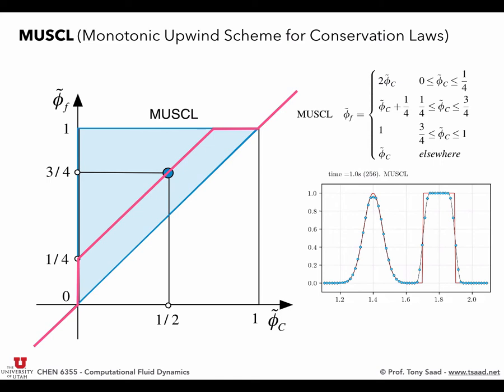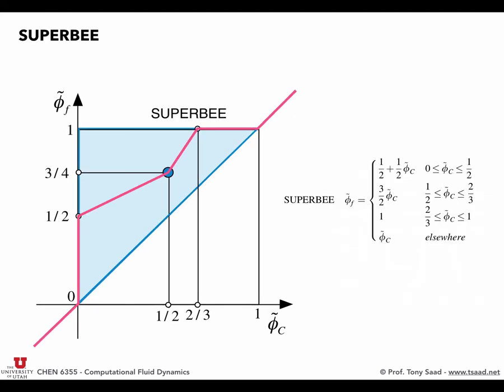The infamous SUPERBEE. You've seen the SUPERBEE on the TVD diagram, and I'm sure none of you understood the TVD diagram, but you're going to learn. Does anyone know how to interpret the TVD diagram? Okay, so it's very similar to this. It's a different normalization. But with the NVD formulation, it's nice and compact because you just have this triangle. And this is what SUPERBEE looks like.